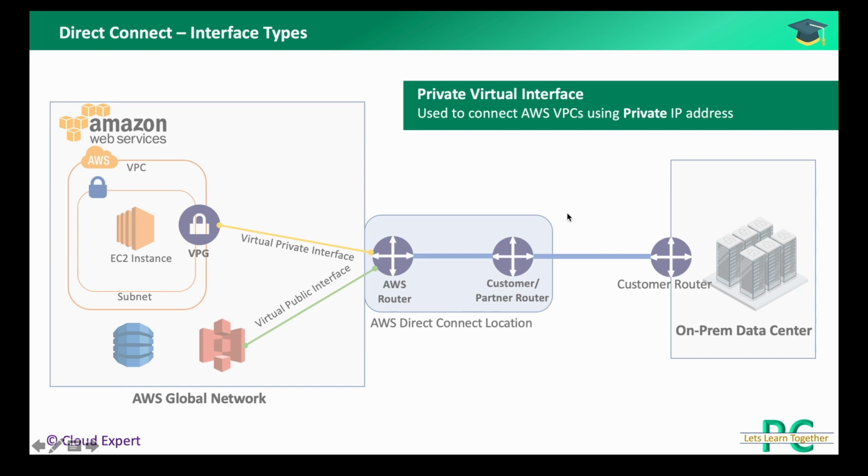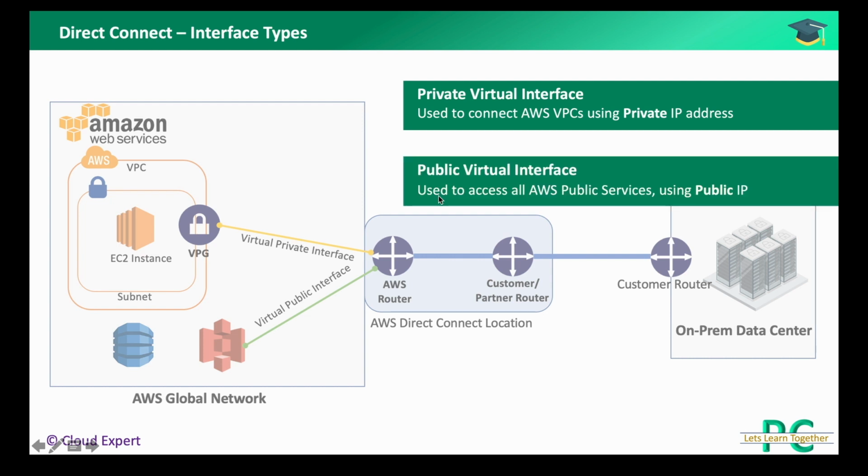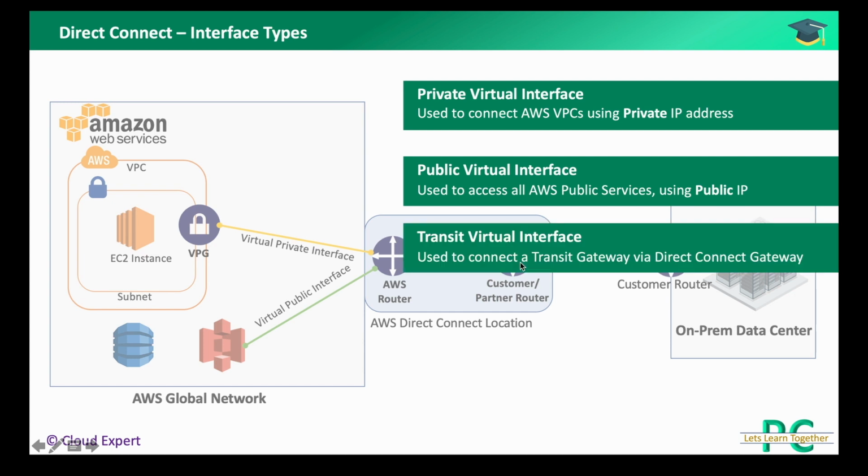The first option we saw, the private virtual interface, is used to connect to an AWS VPC using a private IP address. You can use it directly or you can use a Direct Connect gateway. The second option we saw, the public virtual interface, is used to access all AWS public services using a public IP. There is a third type, and we'll come to that part.